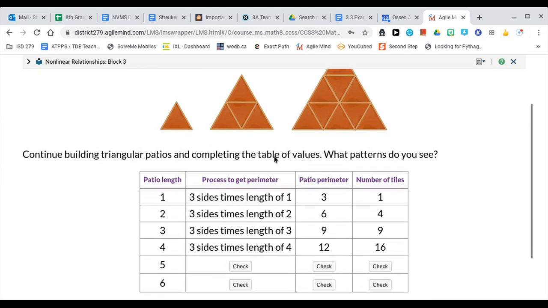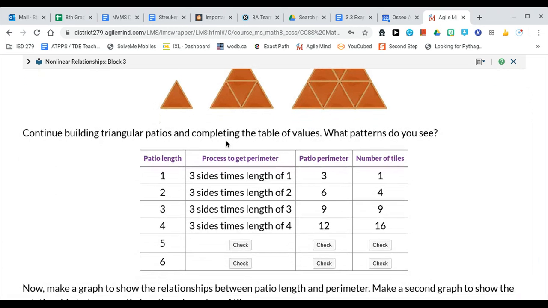All right, so we're going to continue building triangular patios and completing the table of values. What patterns do you see? So it looks like for 1, 3 sides times the length of 1 gave us 3, and the number of tiles was 1. For 2, it was 3 sides times length of 2. That was 6, and the number of tiles was 4.